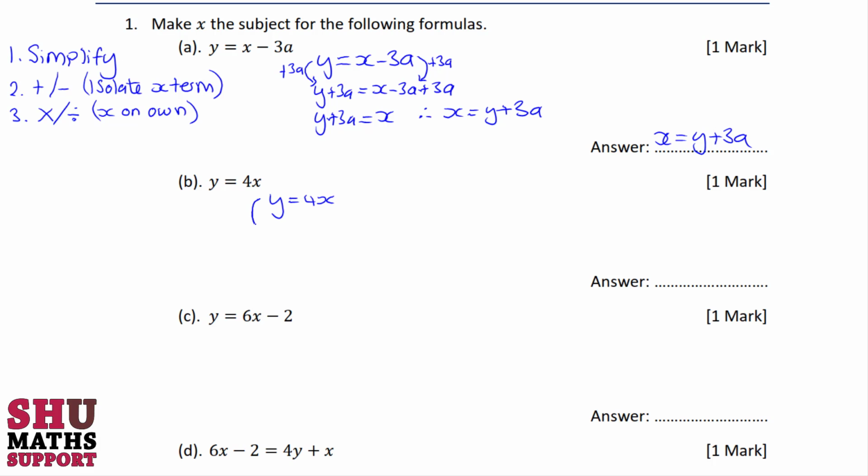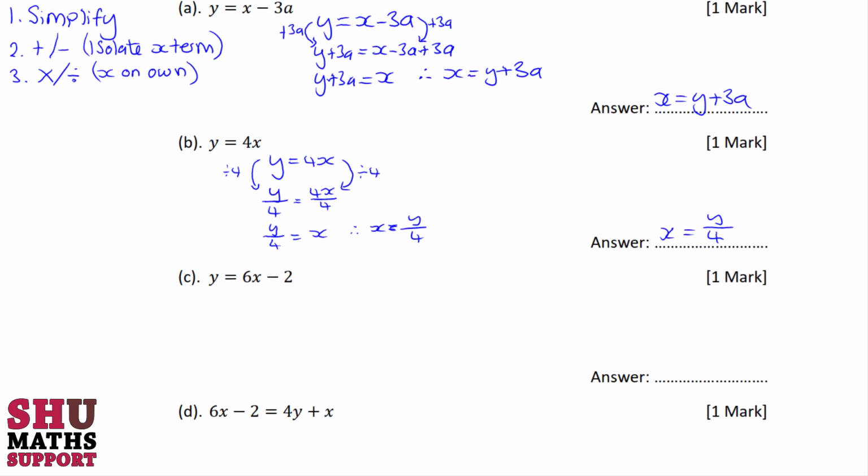If we divide the left hand side by 4 and the right hand side by 4, we end up with y divided by 4 is equal to 4x divided by 4, which simplifies to y divided by 4 is equal to x. So x is equal to y over 4, and on our final answer line we write x is equal to y divided by 4.